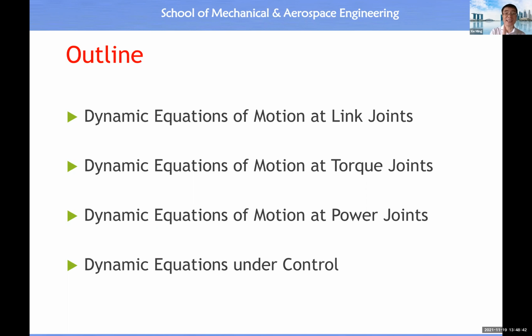So the key takeaway from lecture 2 is for you to understand what will be the dynamic equation of a robot under control. Then from the study of module 2, you understand in general, a robotic joint consists of a combination of power joint, torque joint, and the link joint.